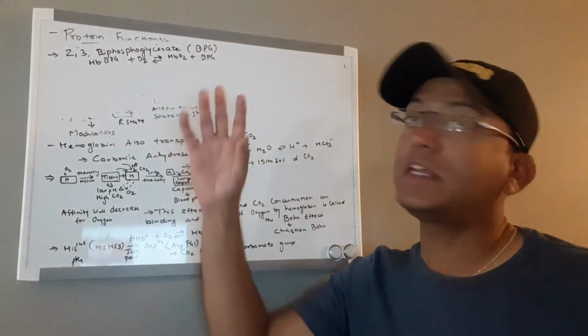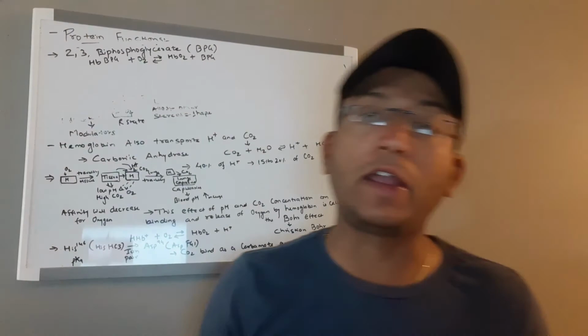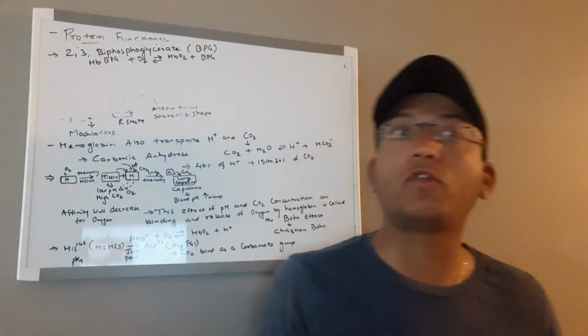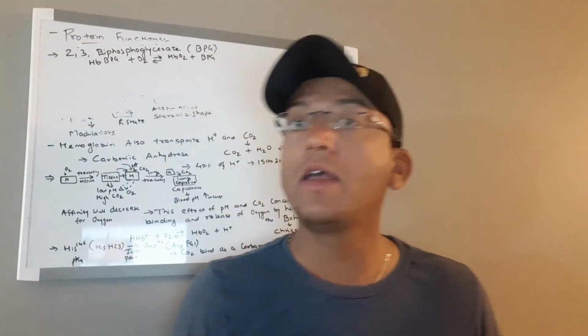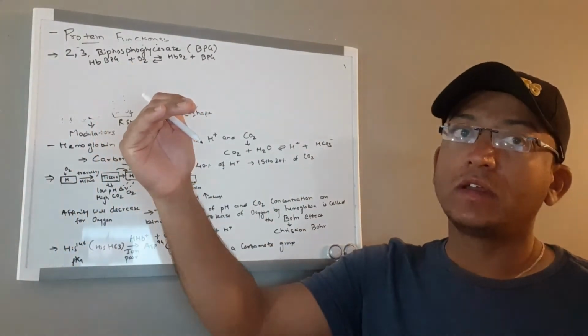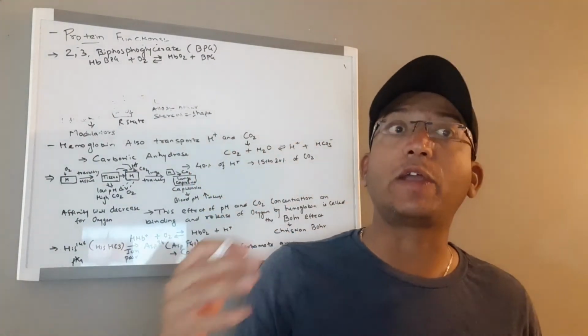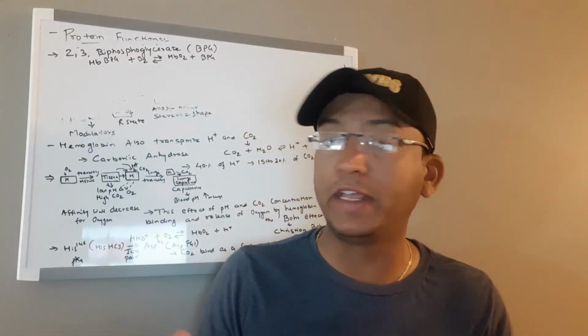So this BPG binds at a site distant from the oxygen binding site and regulates the oxygen binding affinity of hemoglobin in relation to the partial pressure of oxygen in the lungs. What does it do?